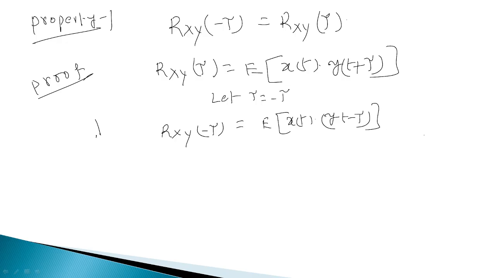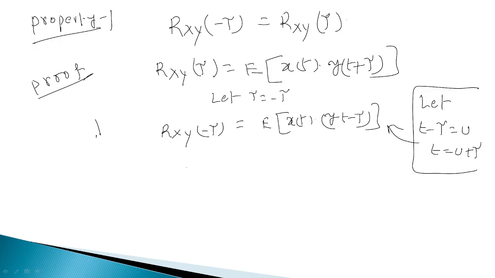Here again we can assume that t minus tau is equal to u, so t is equal to u plus tau. For simplification we substitute this.